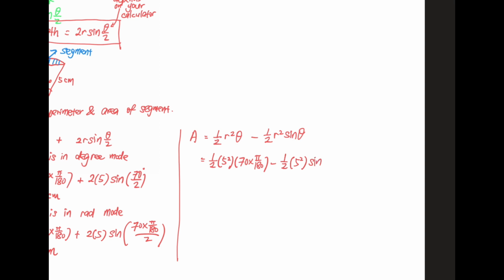The theta over here, degree or radian, depends on your calculator. So let's say your calculator is in degree mode, then you just put it like 70 straight away. And then you will get the area of segment. So let's say I multiply it to find out the value.